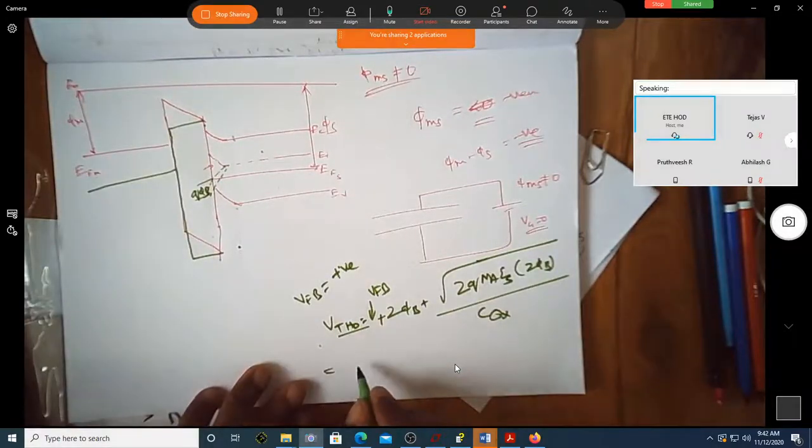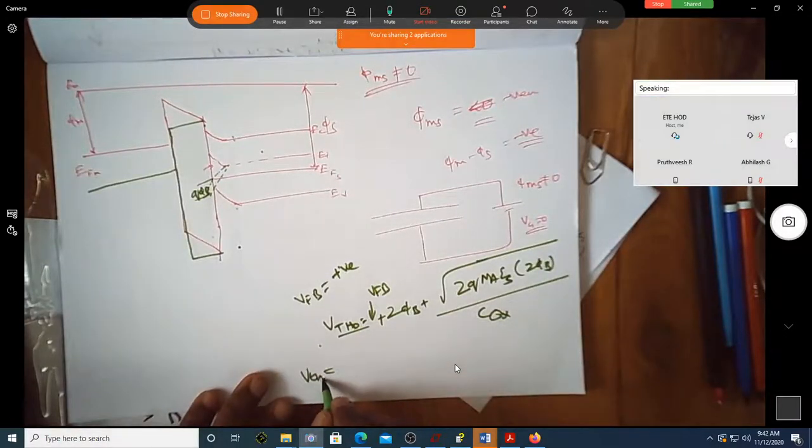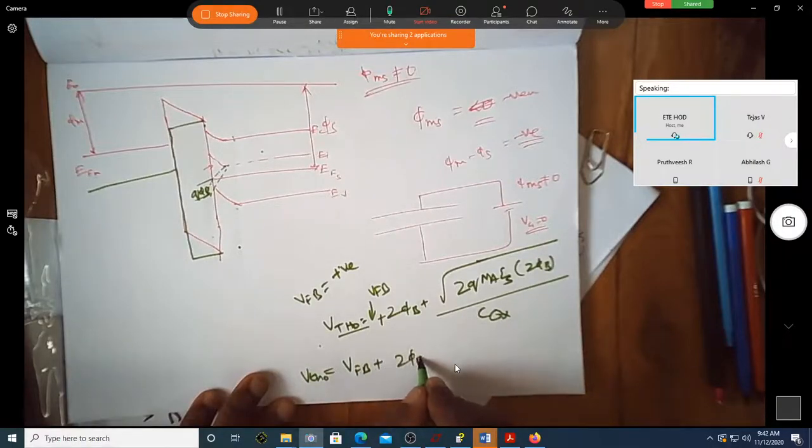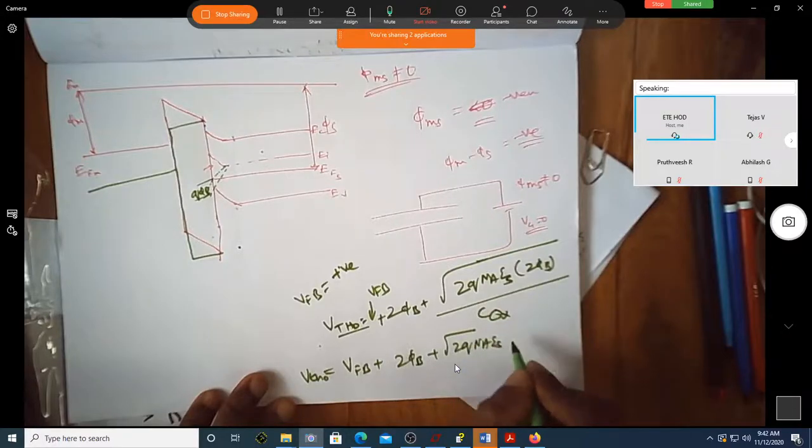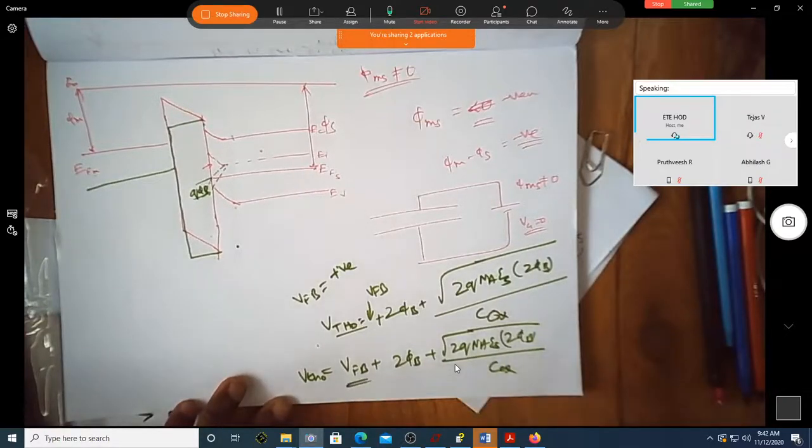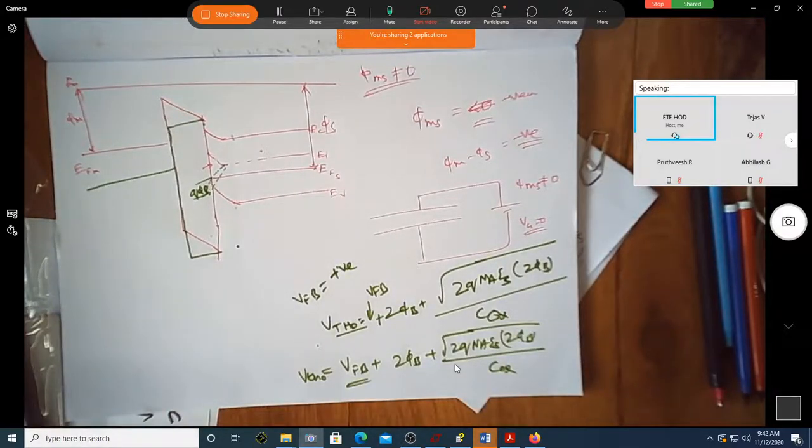So we write it as VTHO is VFB plus 2 phi b plus under root of 2q Na epsilon s 2 phi b, whole divided by Cox. What is this VFB now? Positive. It is the external voltage that you should apply to make the band flat.